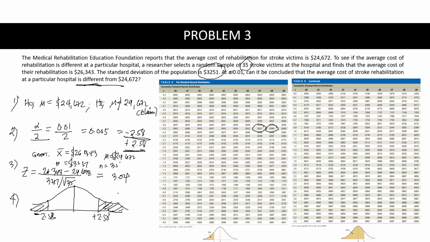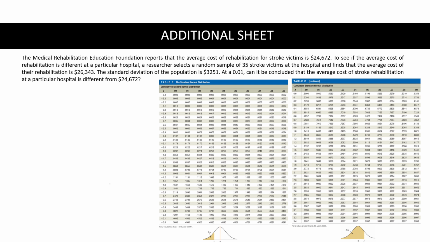The 3.04 falls in the critical region. So therefore, we reject H0, the null hypothesis, since it falls in the critical region, which is beyond 2.58. That's our decision.